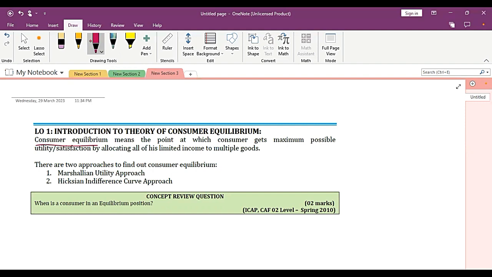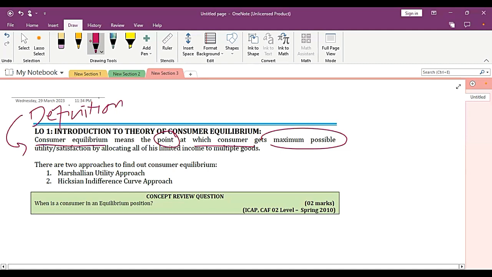Consumer equilibrium, what does this mean? Firstly, it's the definition. Consumer equilibrium means a point at which the consumer gets the maximum possible utility or satisfaction by allocating limited income to multiple goods.